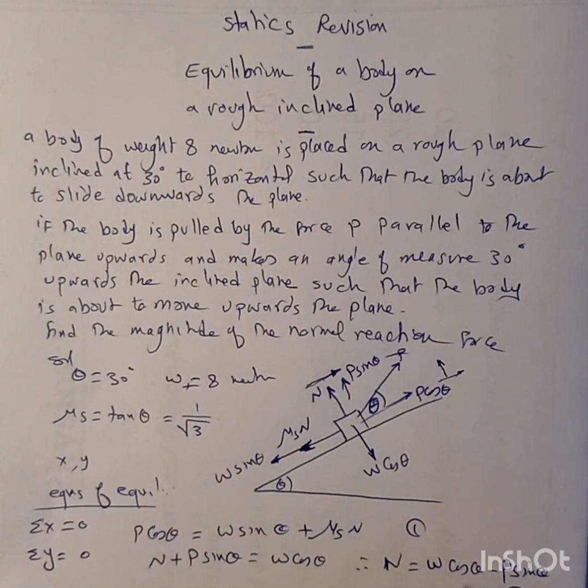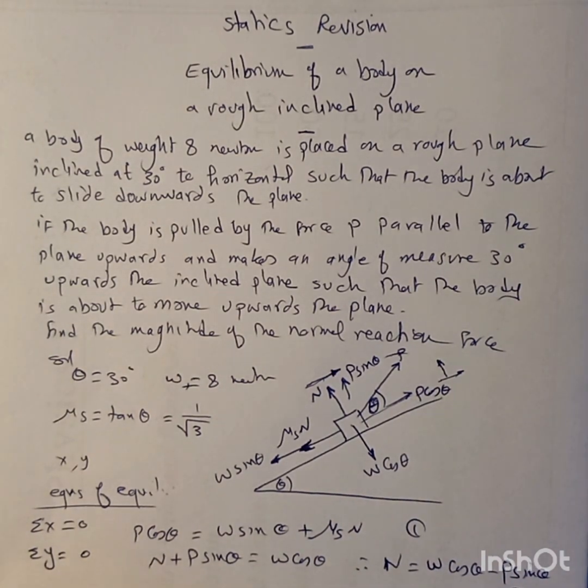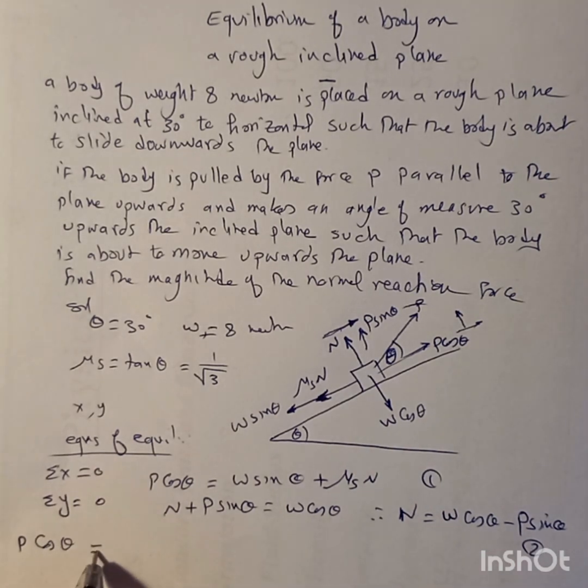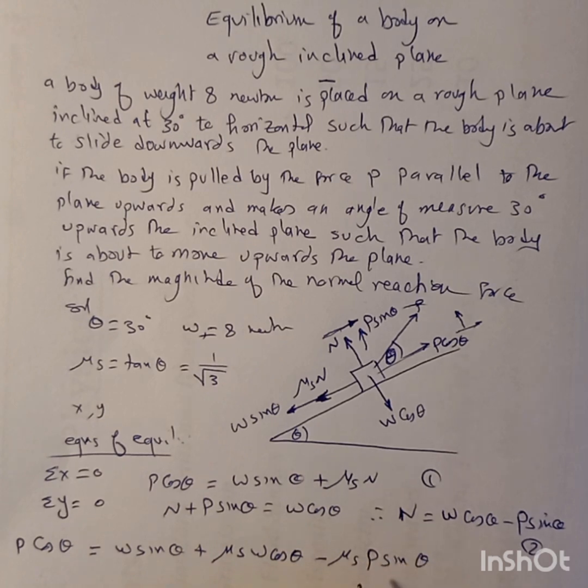Then we can substitute from 2 into 1. Then we have P cosine theta equals W sine theta plus mu s W cosine theta minus mu s P sine theta. Then we can take P as common.